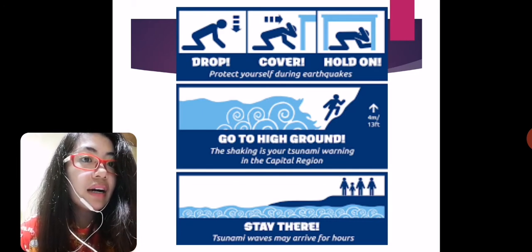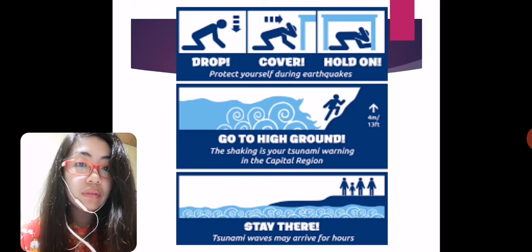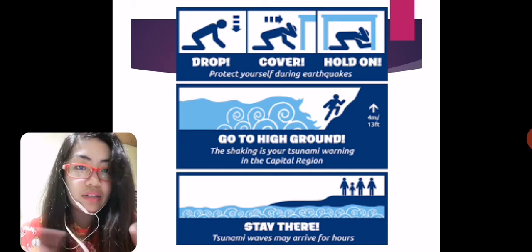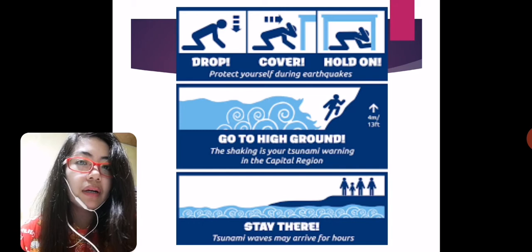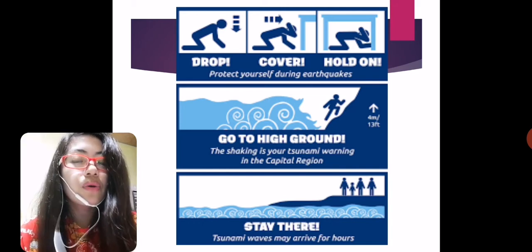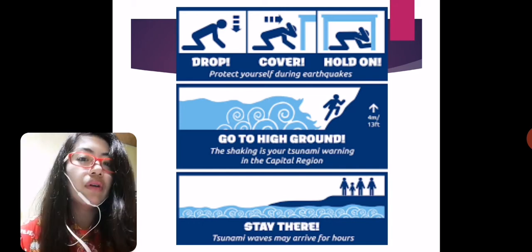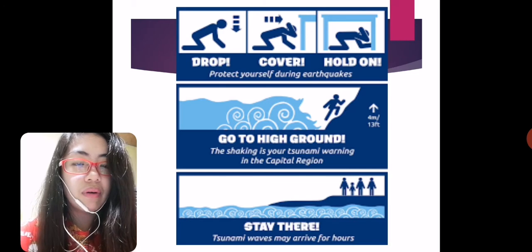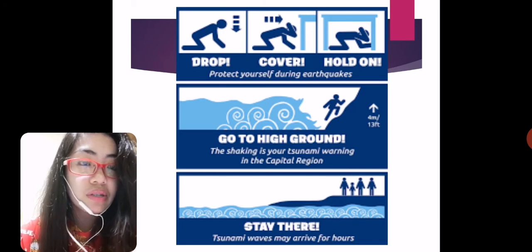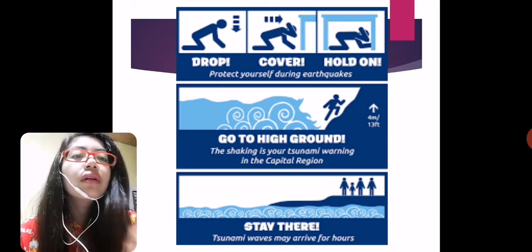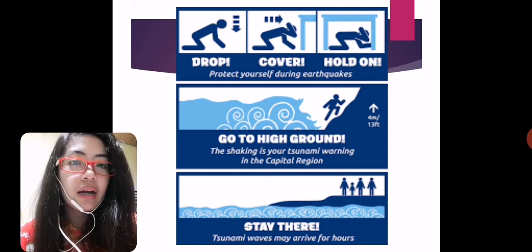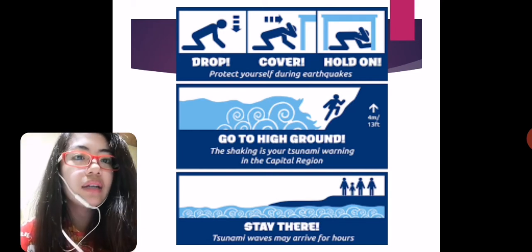Then, okay, drop, cover, and hold while there is an earthquake. Then, when the shaking has somewhat stopped, go to high ground or an open area, whether you are at school or at home. Go to an open area if you think it is safer there.